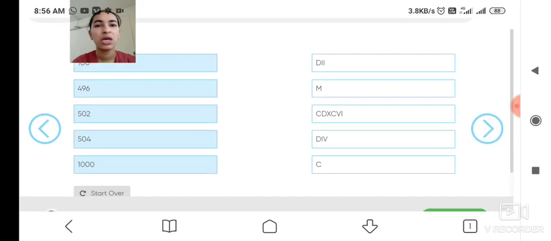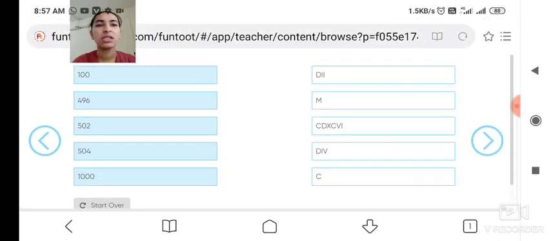Now let's take another one that is similar to the previous one. In this, 100 represents which one? Capital C. So first with last one. And 496, how are we going to write that number? We are going to write that number as 500 minus 4. 500 is D and 4 is IV.